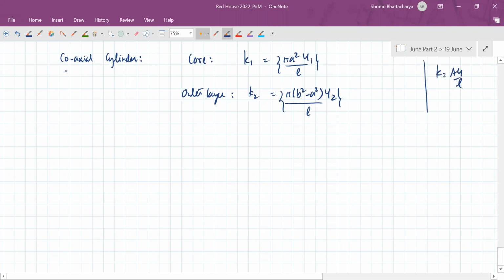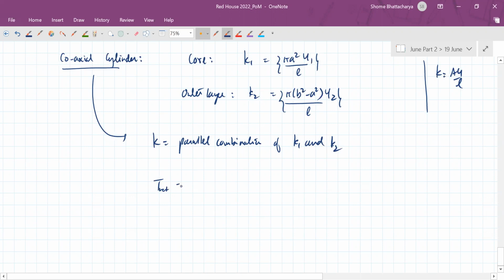Using this, for the coaxial cylinder, the K will become the parallel combination of K1 and K2. Because what is happening is that the net tension is equal to the tension in the first one plus the tension in the second one.